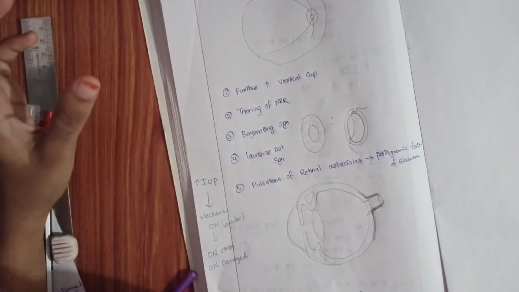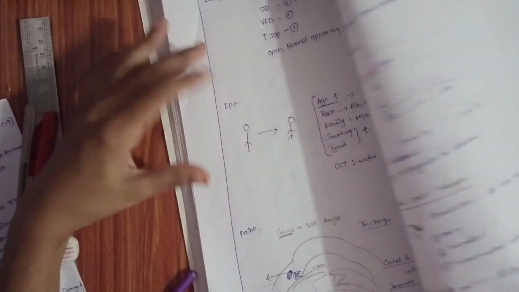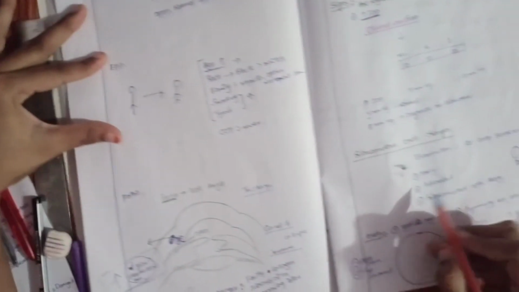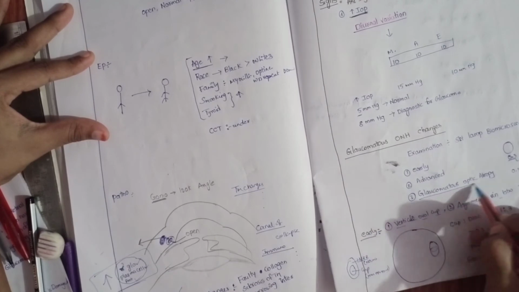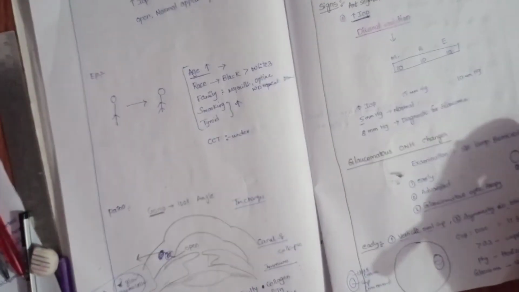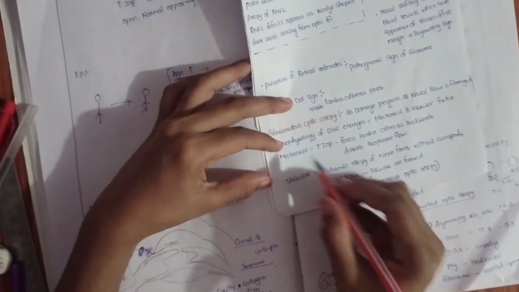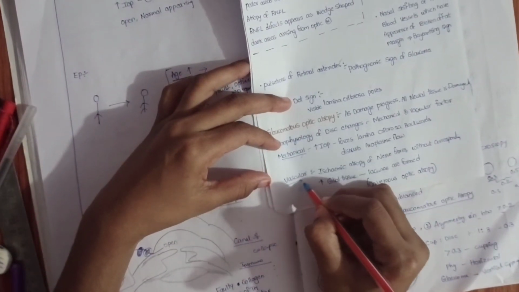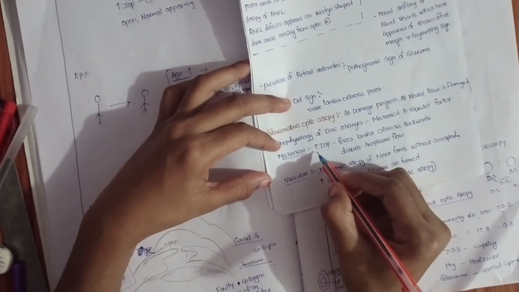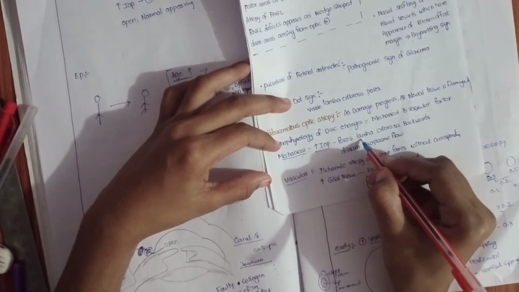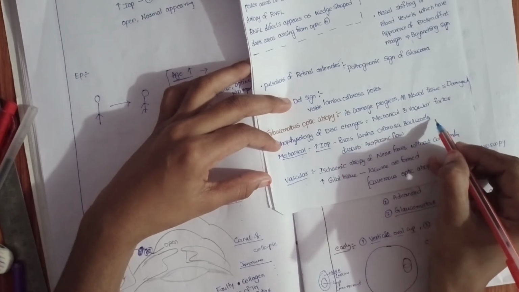of retinal arterioles. In the glaucomatous optic atrophy, in this third point, write the mechanism like this. See here, mechanical damage, vascular damage. As I have told earlier, increased IOP forces the lamina cribrosa backward.